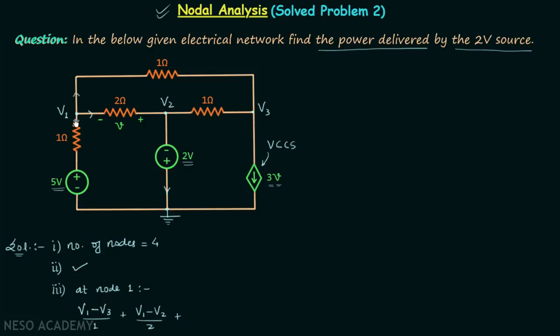And to have this current, I will first find out the potential at this point. Let's say the potential at this point is equal to V prime.